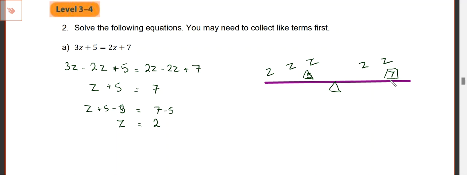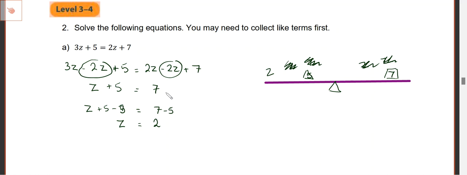Alright, so basically what did I do when I subtracted 2 z's? I basically went, lift them off both sides. What am I left with? 1 z and a 5, that's this bit, and just a 7 on the other side. Make sense?